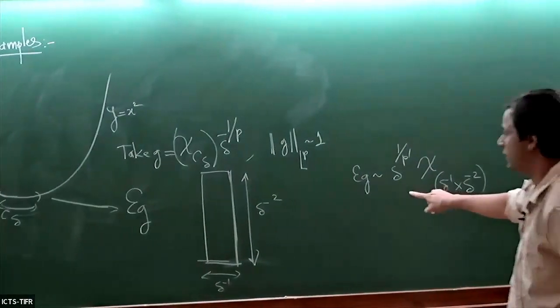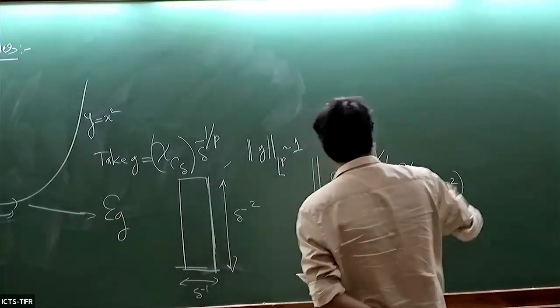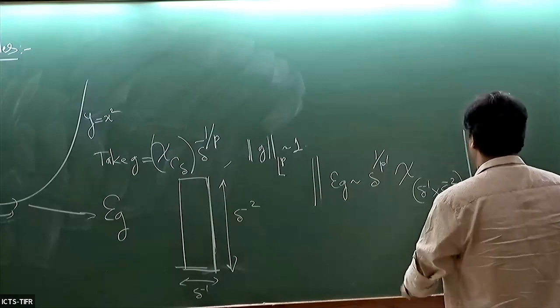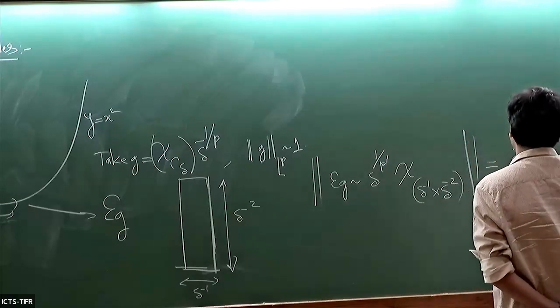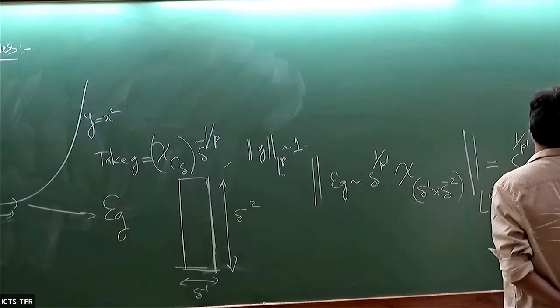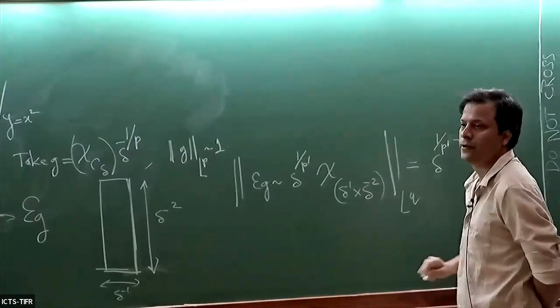So we can explicitly calculate the LQ norm. And if you calculate the LQ norm, we have delta to the power 1 over P prime minus 3 over Q.